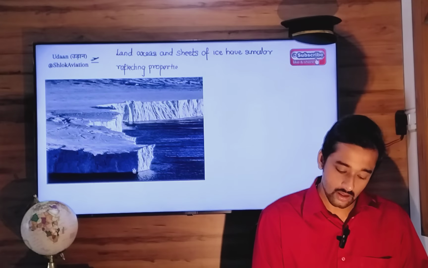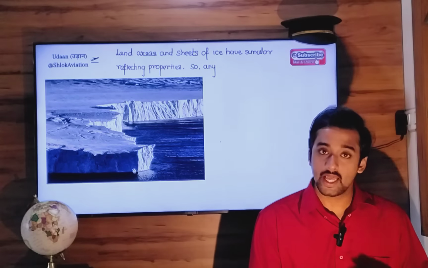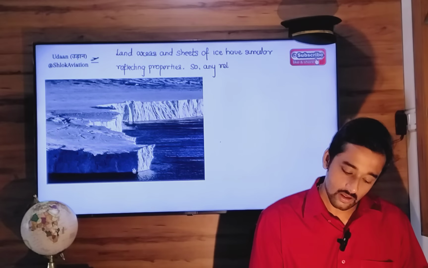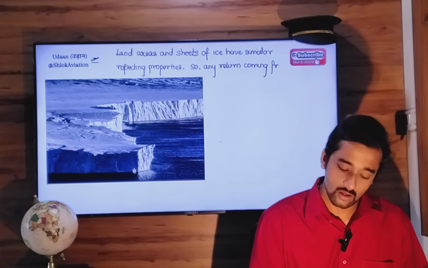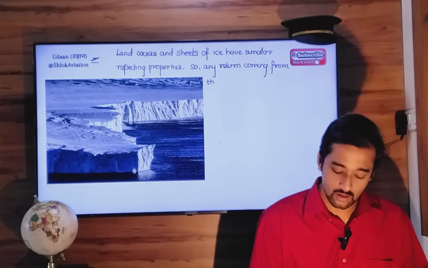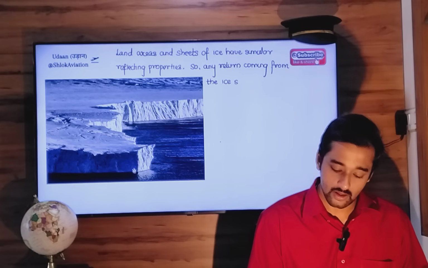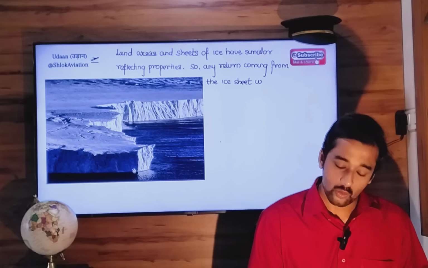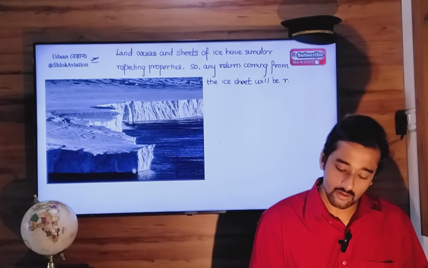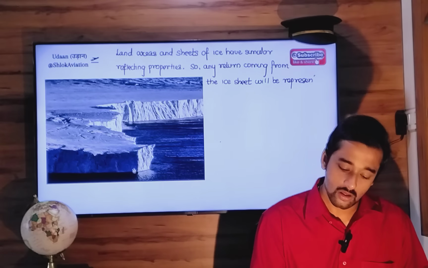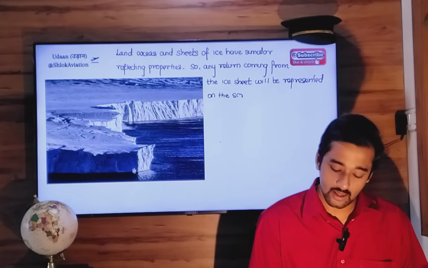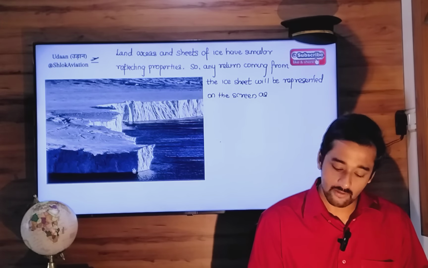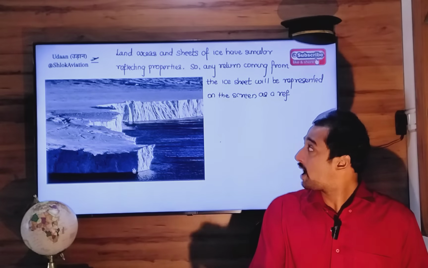Okay, so any return or any radar reflection coming from the ice sheet will be represented on the airborne weather radar screen as a reflection coming from the land surface.